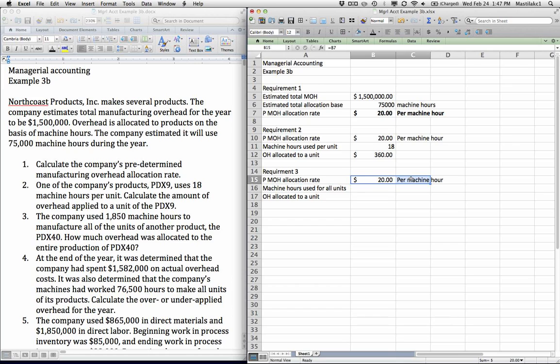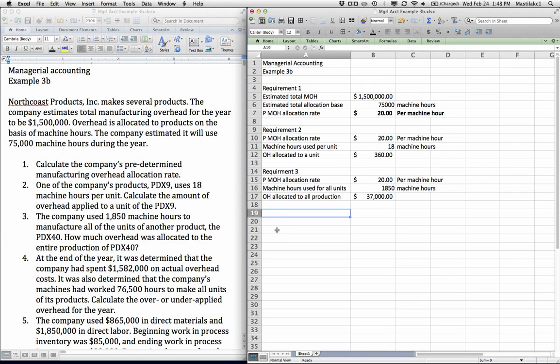All we need is to understand the amount of machine hours used by that particular cost object. So here, if our cost object is all the production of PDX40 and that used 1,850 hours, we would simply multiply the 1,850 machine hours by the $20 per machine hour, and the total overhead allocated to all production of PDX40 is $37,000. So that is requirement 3.